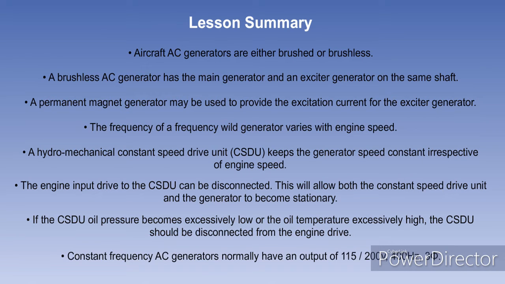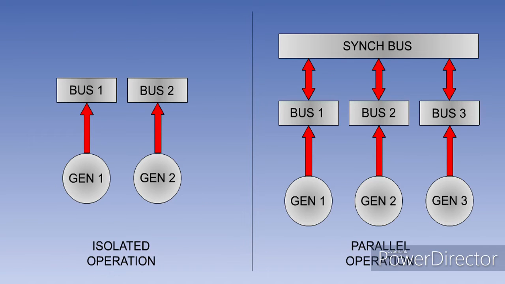Constant frequency AC generators normally have an output of 115/200 volts, 400 Hz, 3-phase. As with DC systems, on multi-engine aircraft, constant frequency AC generators can be operated either in isolation or in parallel.